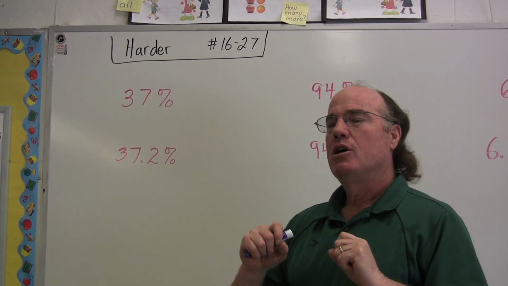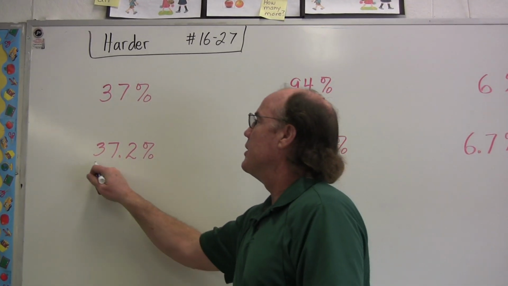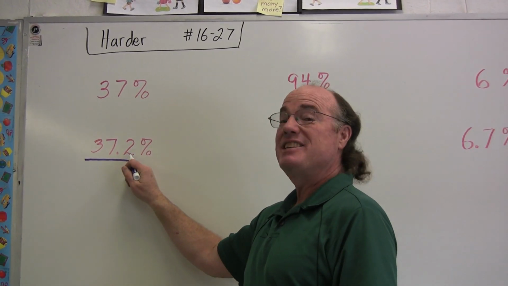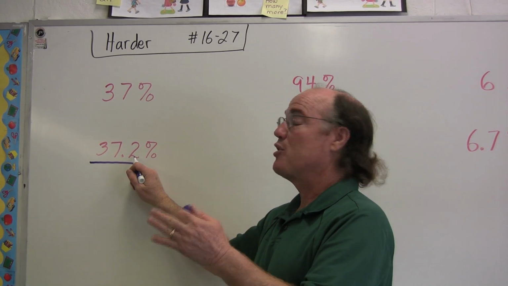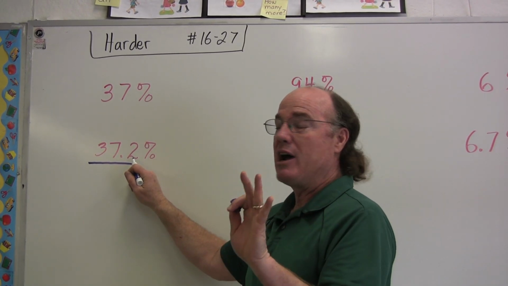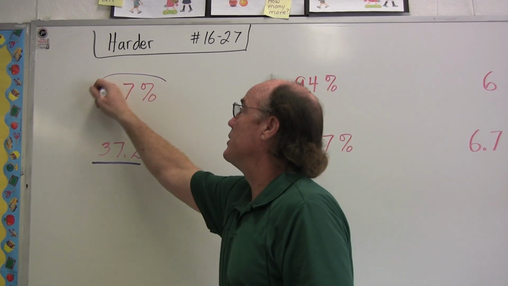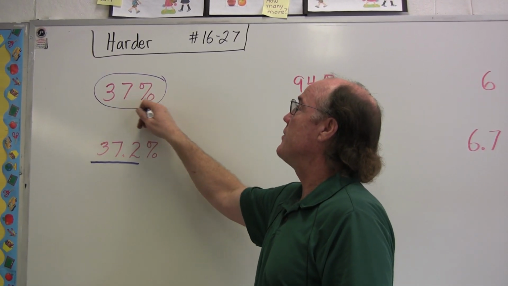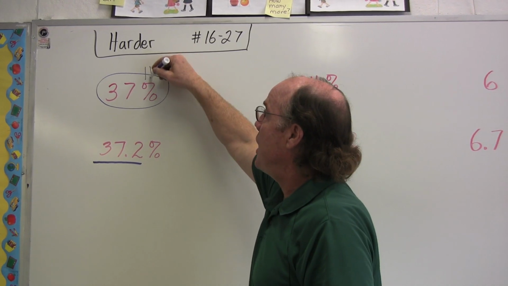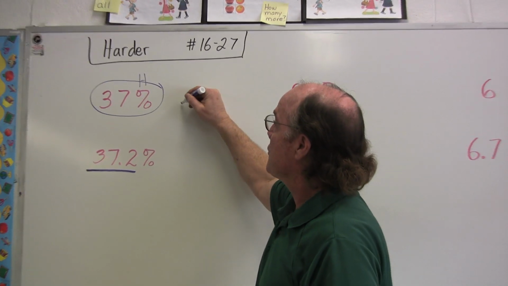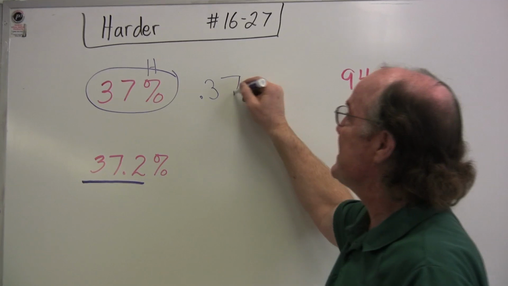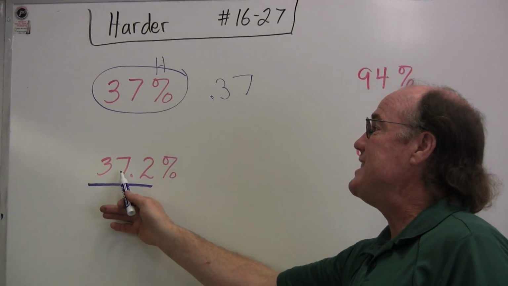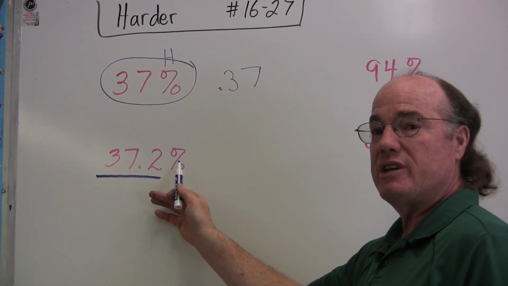Harder still are the problems where the percentage number has a decimal in it, and we have to convert this into a decimal. Now, I want us first to think of a percentage number without a decimal. 37% is 37 hundredths, and that is 0.37. Now we look at 37.2%.